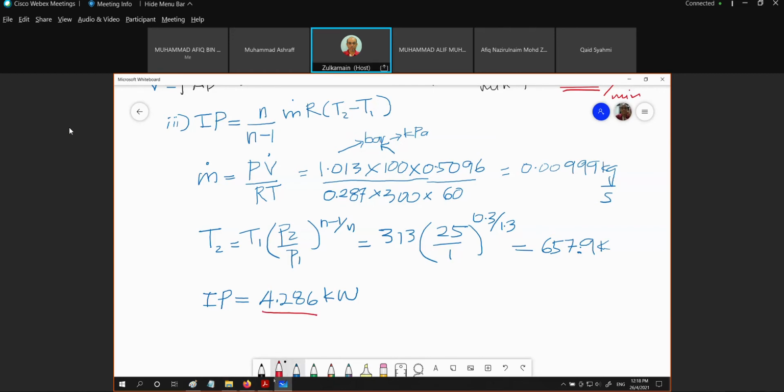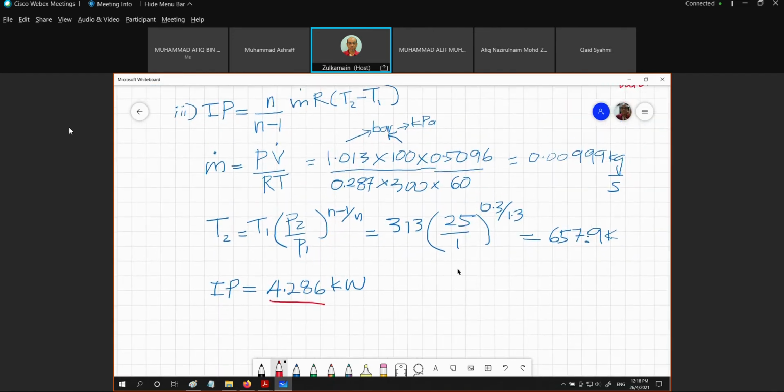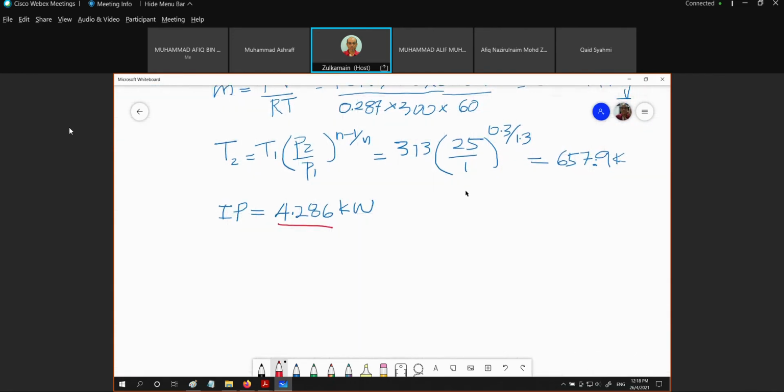And then the next question is to get your volumetric efficiency. For the volumetric efficiency, you can see for both sides or for a single side, the volumetric efficiency will be the same.